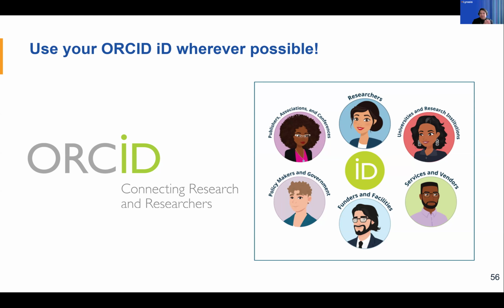So the one thing to remember is to use your ORCID ID wherever possible. When you see that green ORCID ID icon, there's a possibility that there's an ORCID integration there, and then use your ORCID ID. Use your ORCID record to grab that data, push the data to their system, that sort of thing. So that's the big message here as well.